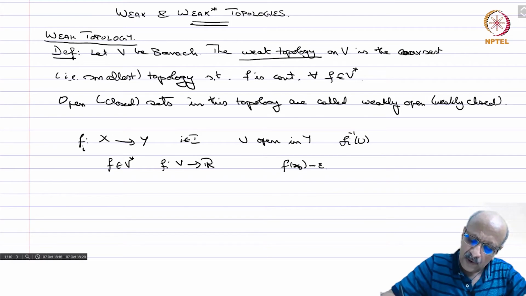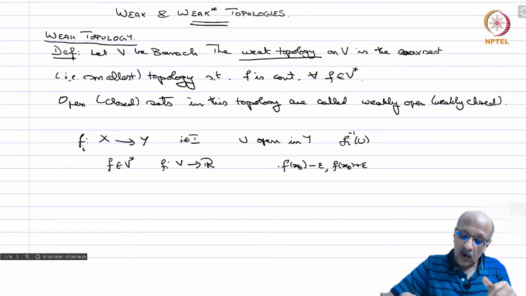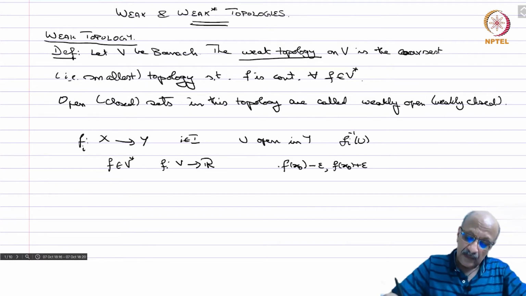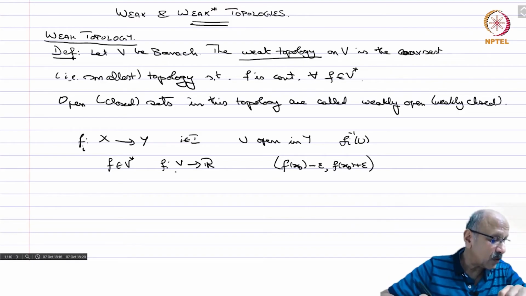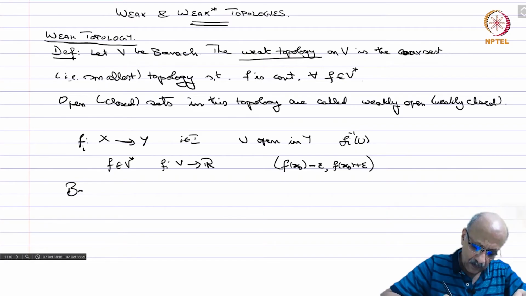So we take the neighborhood f of x naught minus epsilon, f of x naught plus epsilon, and all inverse images of this should be open, and then you must take finite intersections of such sets, and that will constitute a basic neighborhood system at each point, and then from this you can construct the rest of the open sets.